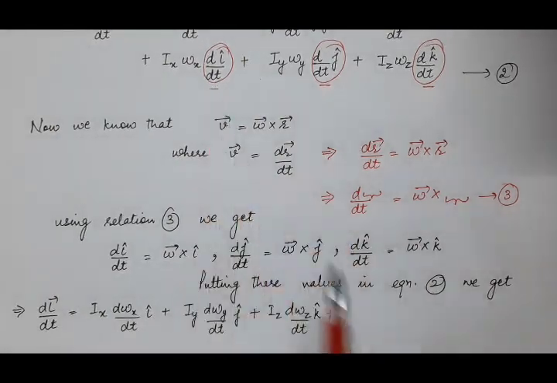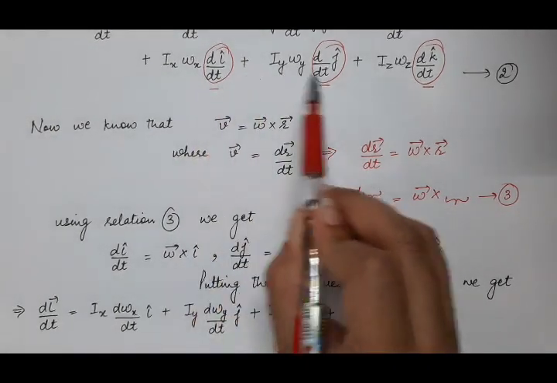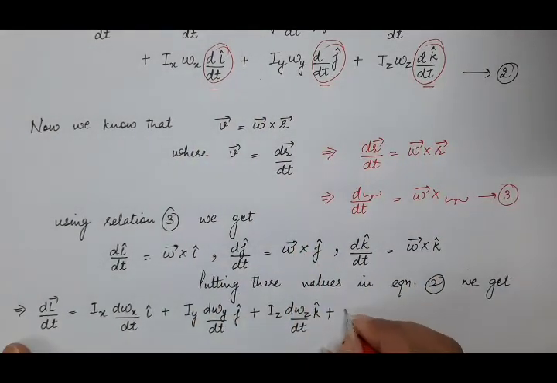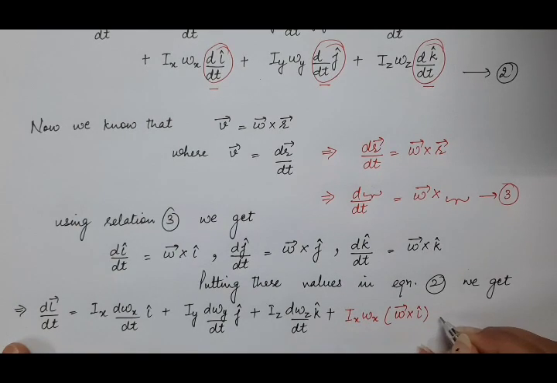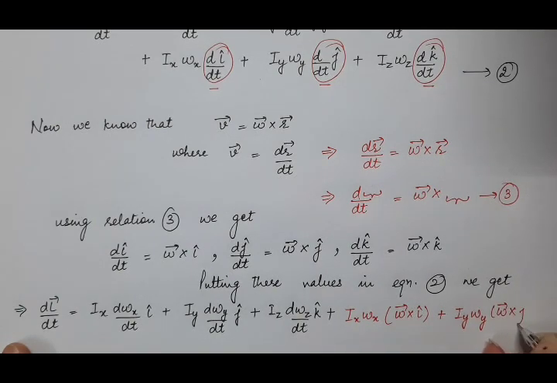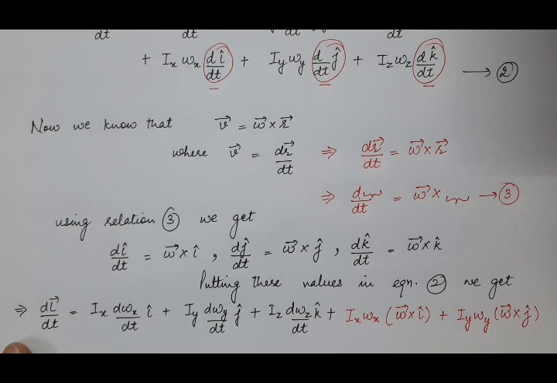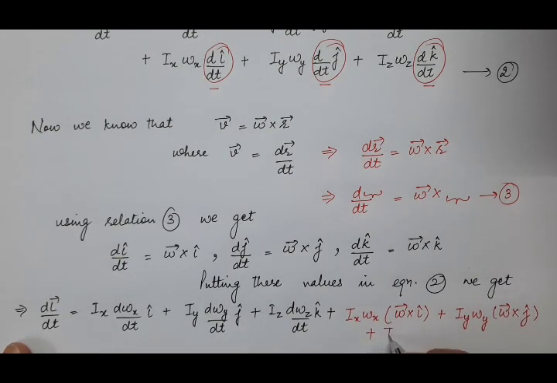Now putting the values of these 3 in equation 2, we will get Ix omega x into omega vector cross i cap, plus Iy omega y into omega vector cross j cap, plus Iz omega z into omega vector cross k cap.